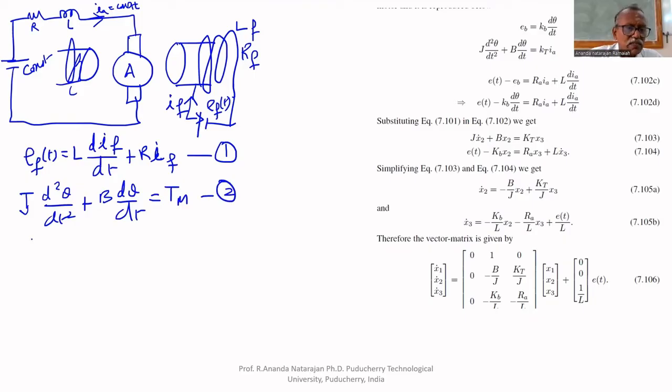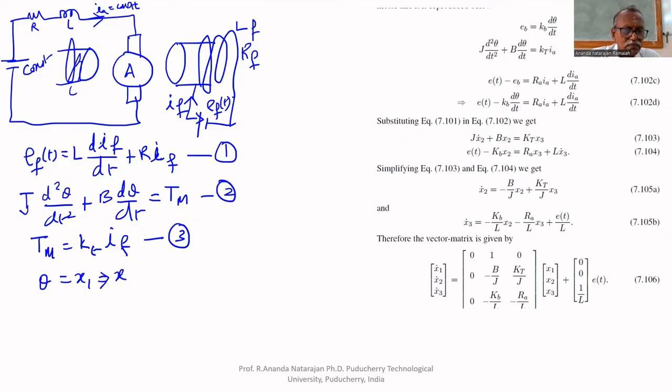The third equation is Tm equal to Kt IF, not Ia. That is third equation. Only three equations.